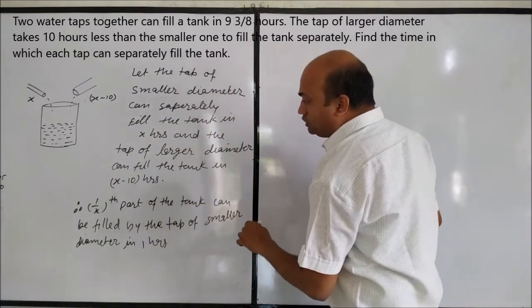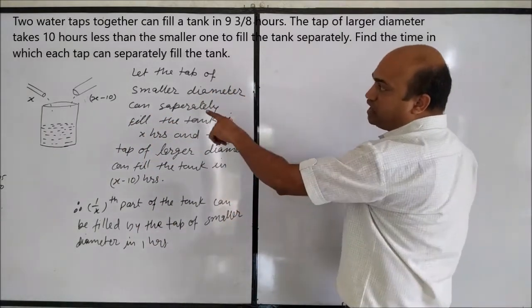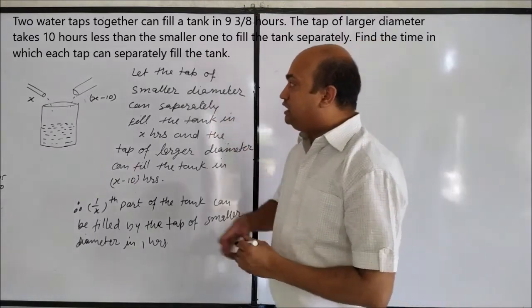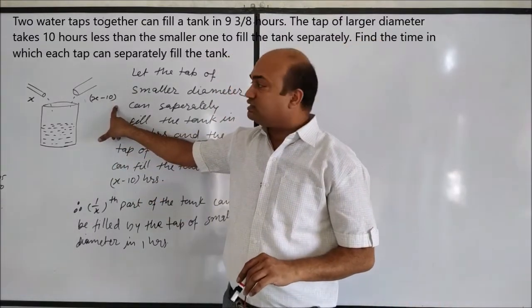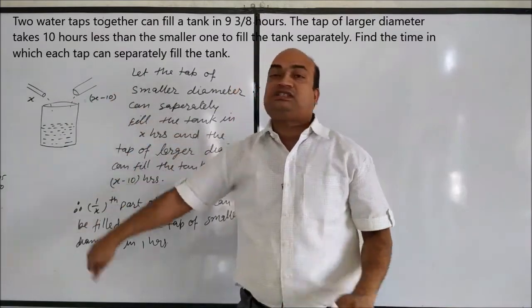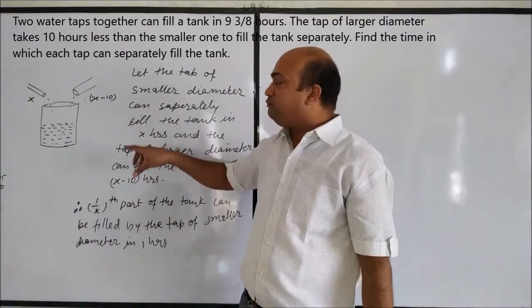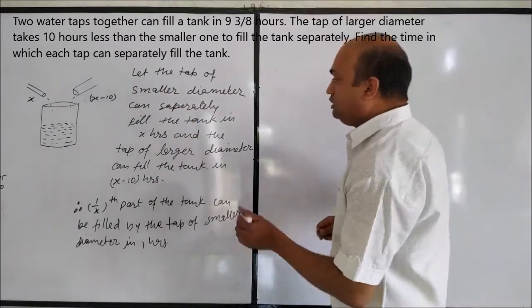In the same way, the tap of larger diameter can fill the tank in x minus 10 hours. Therefore 1 upon x minus 10th part of the tank can be filled by this tap in 1 hour.